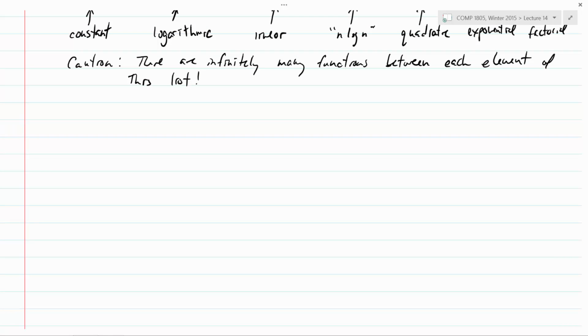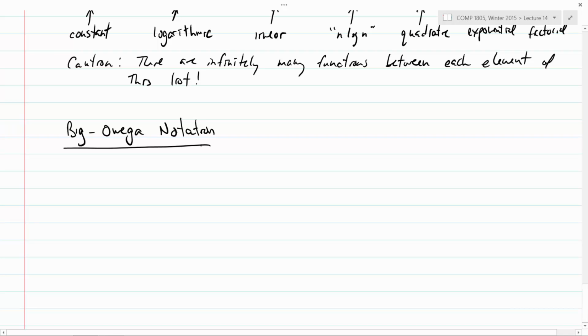All right, so the next thing I want to talk about is big omega notation. And in some sense, this is the opposite of big O notation. Big O provides an upper bound for a function.